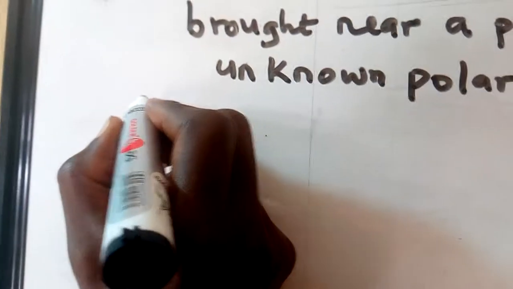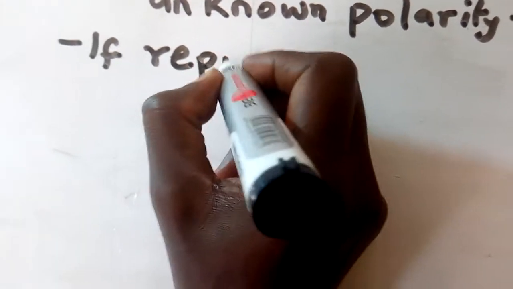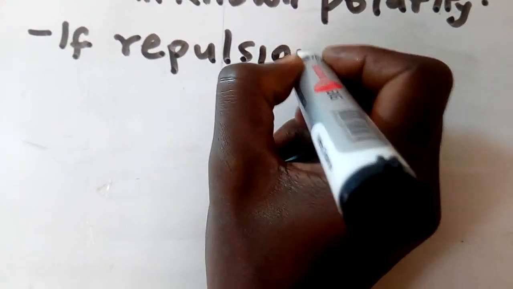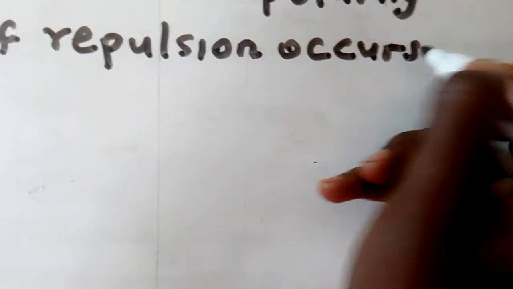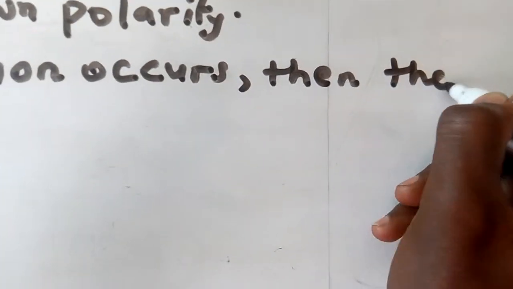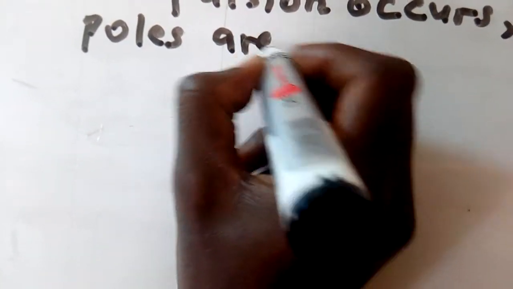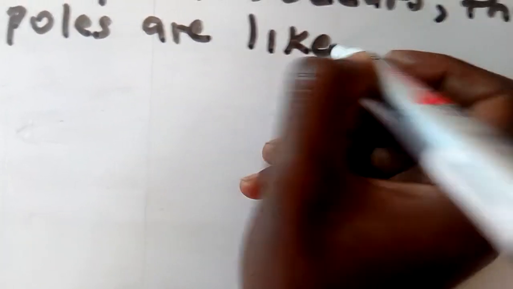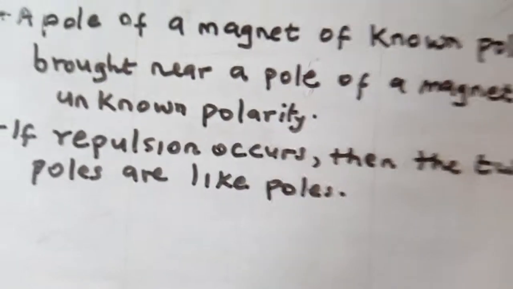Then you say, if repulsion occurs, then the two poles are like poles. As simple as that.